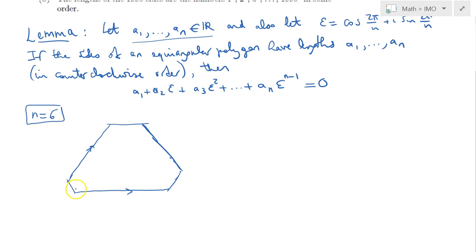Because of corresponding angles, each of these angles is equal to 2 pi over 6, right? So this is an equiangular polygon, and moreover, let the sides be in counterclockwise order, like in the statement of the lemma: a1, a2, a3, a4, a5, and a6. These are the side lengths, be careful.